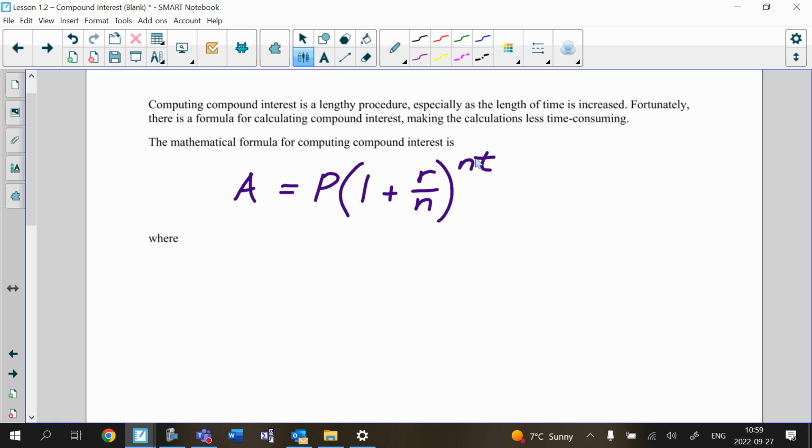So what do all these letters mean? Well, what we're calculating when we use this formula is the final amount of an investment or loan. How much you invested or borrowed, the principal, plus the interest that you earned.